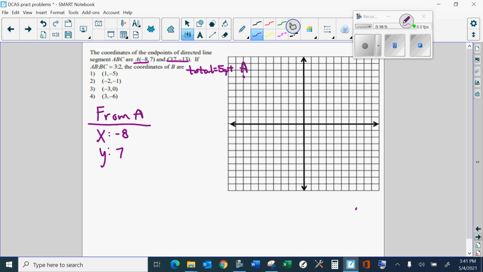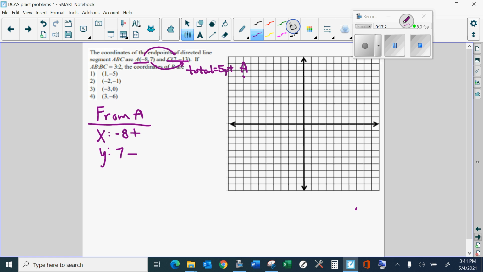I'm starting from A, so I write down the x and y coordinates. Now I ask myself, how do I get from -8 to 7 on the x-axis? I have to go to the right, so that's positive. How do I get from 7 down to -13? I'm having to go down, so that's negative. So I can get my signs just by checking that. That's what I was using the drawing for before, but I don't need it now.